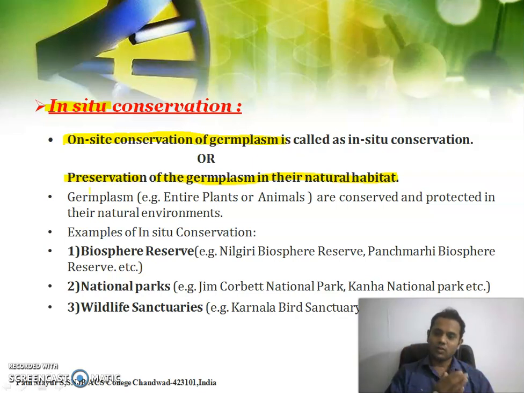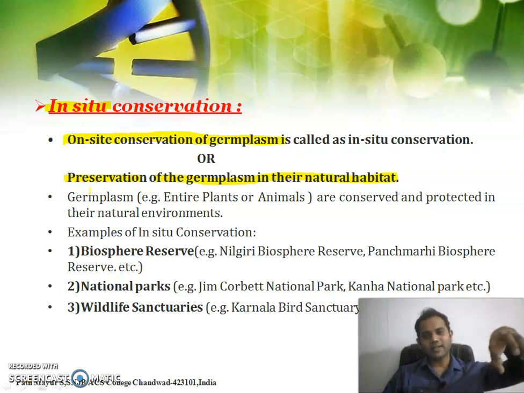So what do we do in situ? In situ literally means in their natural habitat, where they actually belong. For example, a tiger resides in the forest. We have to protect the tiger in the forest itself. We don't have to bring it to some other place and keep it in a protected environment.